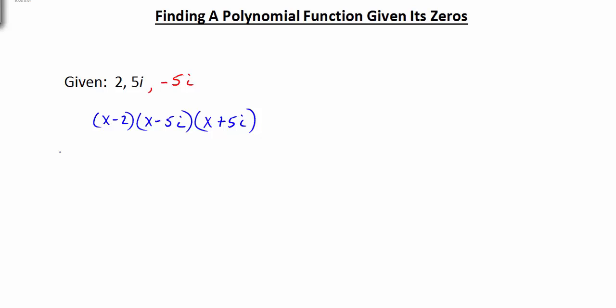All we have to do now is multiply out the factors, and we want to multiply the complex factors first, because when you multiply them, you easily eliminate the imaginary part.